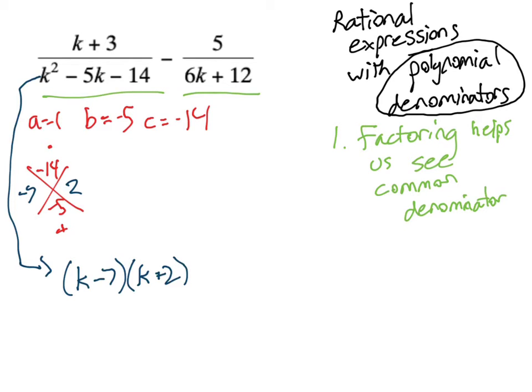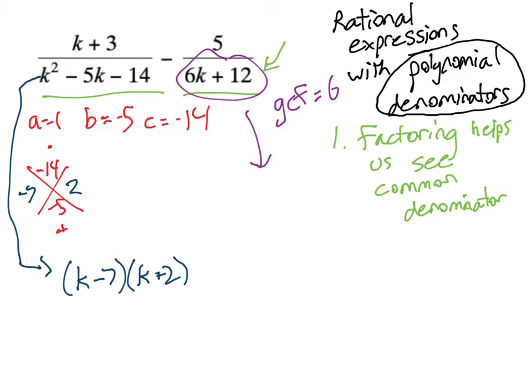And that's going to make it easier in just a moment when we're trying to find a common denominator with this expression. So now let's look at how we can factor this 6k plus 12. These two terms have a common factor. We could divide 6k by 6, and we can also divide 12 by 6.